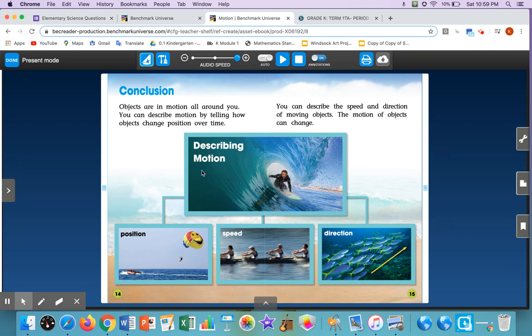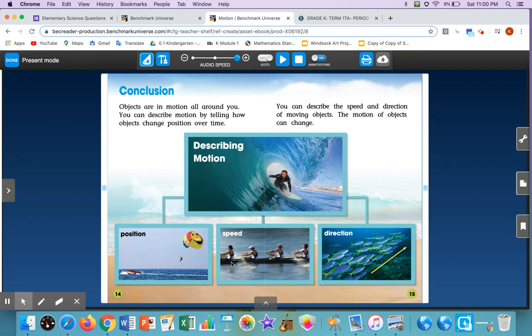I'm going to use the pictures to help me understand again. It says, describing motion. Can you describe motion? What are the ways we describe motion? And then it says, you can describe them with a position. And this parachute is above the ocean. And I can see that you can describe motion with speed.